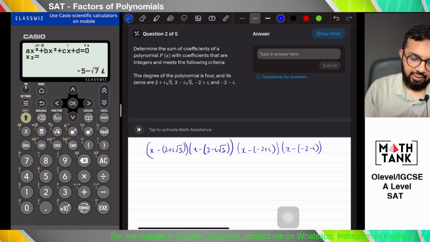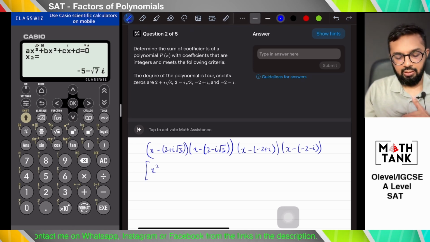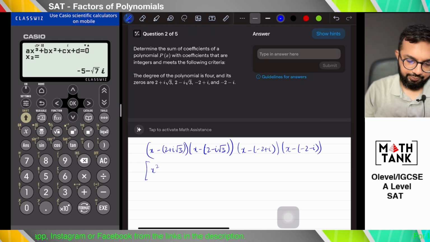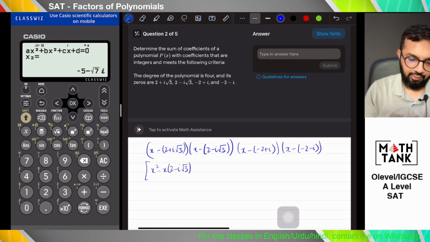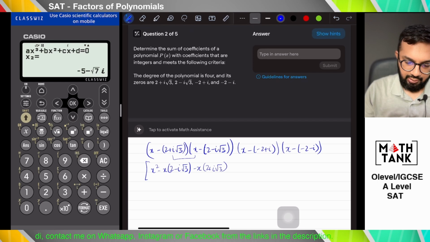First I expand these two. I get x squared, and then minus x into 2 minus i root 3, and then I get minus x into 2 plus i root 3 when I multiply these two, and then plus 2 minus i root 3 into 2 plus i root 3.